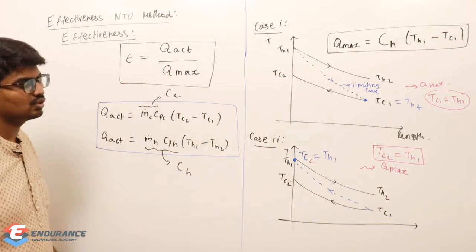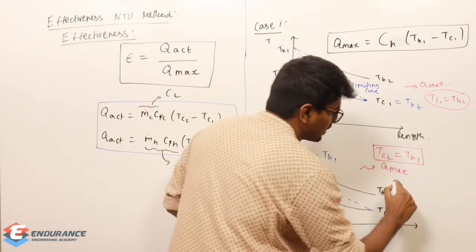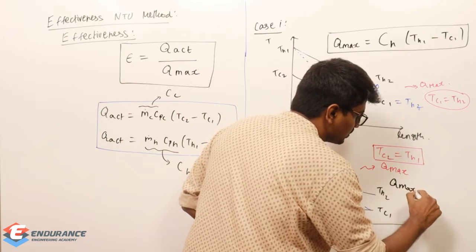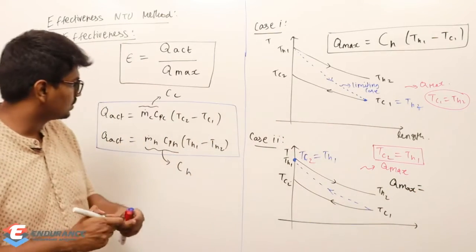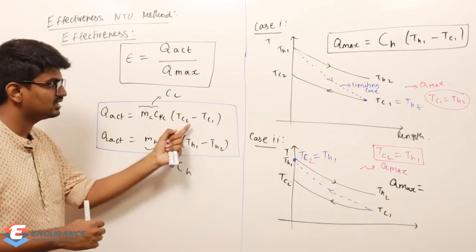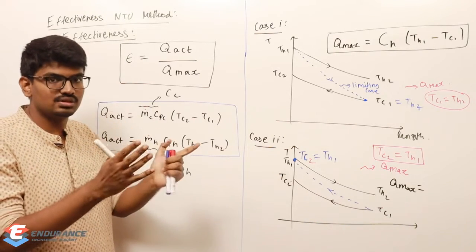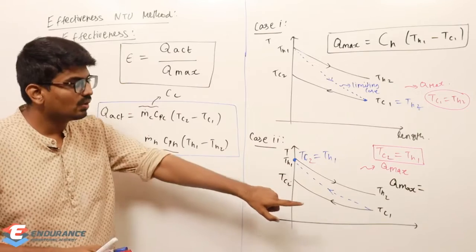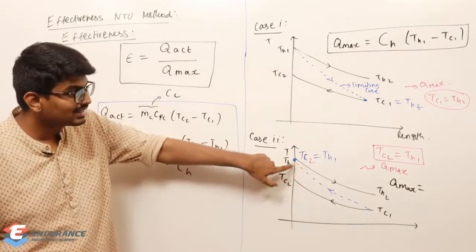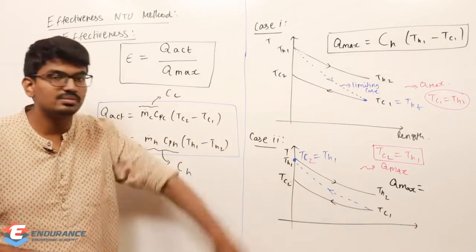Now, if suppose we fall under this other case, what is going to be my Qmax? The actual heat transfer was m dot Cpc into TC2 minus TC1, but ideally, the maximum possible heat transfer is when cold fluid temperature reaches the initial temperature of hot fluid, when TC2 becomes TH1.